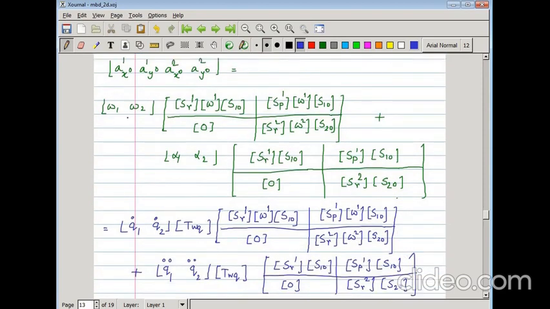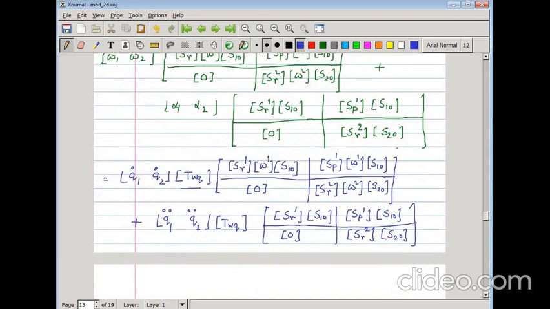And if you replace omega 1, omega 2 in terms of q1 dot and q2 dot, you have introduced the T omega q matrix in between, and alpha 1 is q1 double dot and alpha 2 is q2 double dot.